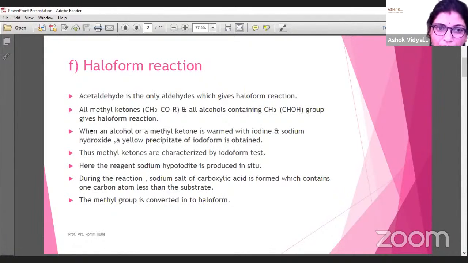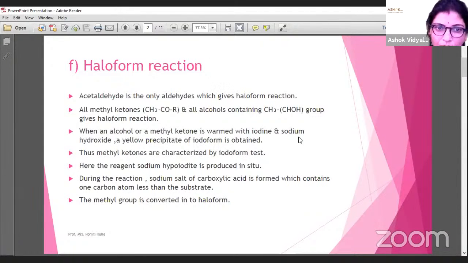Now next point, when an alcohol or a methyl ketone is warmed with iodine and sodium hydroxide, a yellow precipitate of iodoform is obtained.